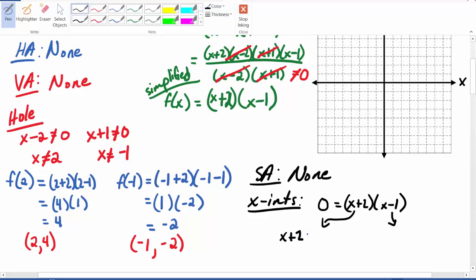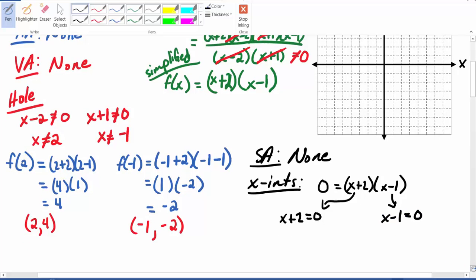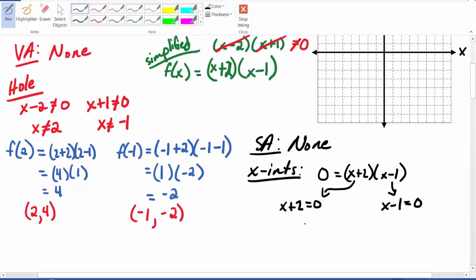So x plus 2 is equal to 0, and x minus 1 is also equal to 0. Solving for each item, we end up with x is equal to negative 2, and x is equal to 1. So for our x-intercepts, it looks like they come out to be negative 2, comma 0, and 1, comma 0.